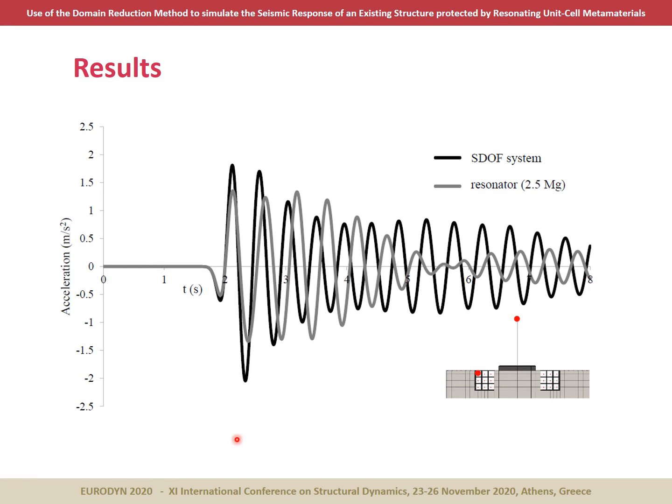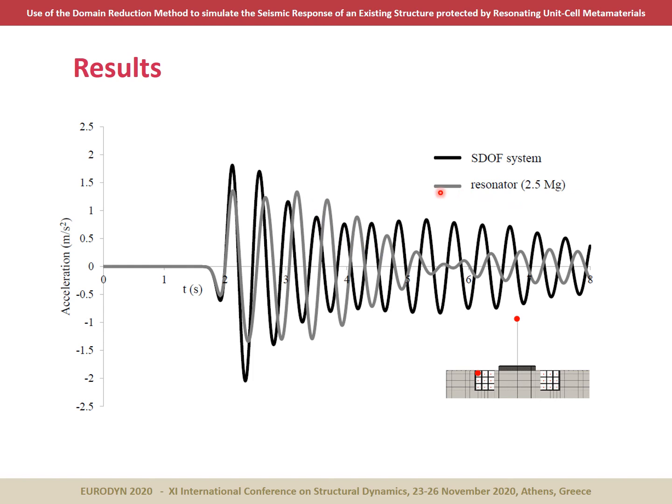So we are monitoring here the response of our single degree of freedom system and comparing it to the response of this vibrating mass inside this unit cell metamaterial. And if you recall from the previous slide, we observed a reduction in the accelerations in this area around here.